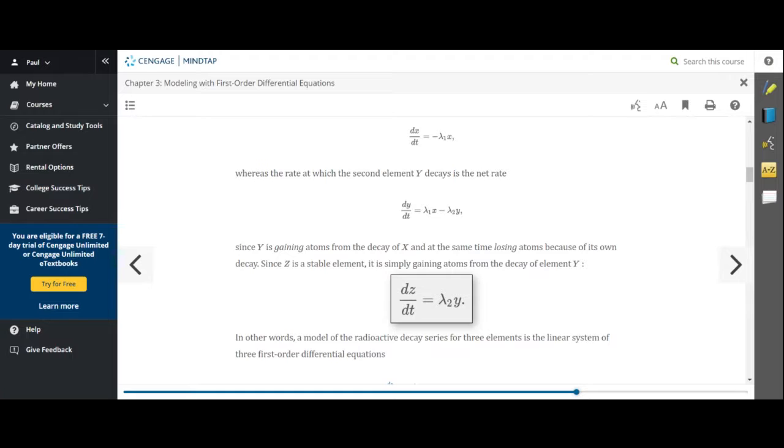first-order differential equations. Obviously, we're presented with these three differential equations, and lambda 1 and lambda 2 are going to vary depending on what element you're using, but we can use a program in MATLAB.